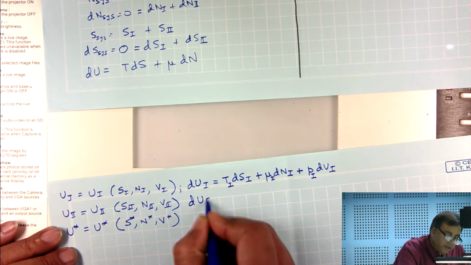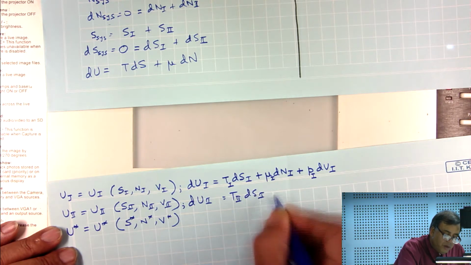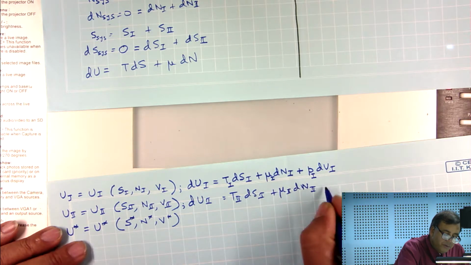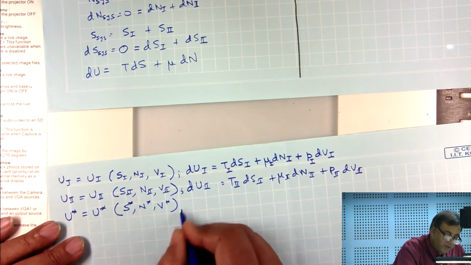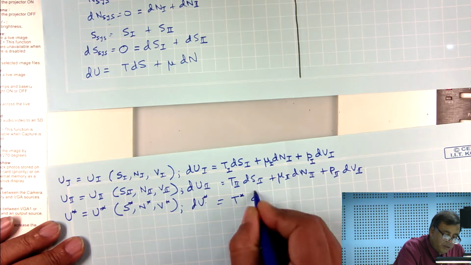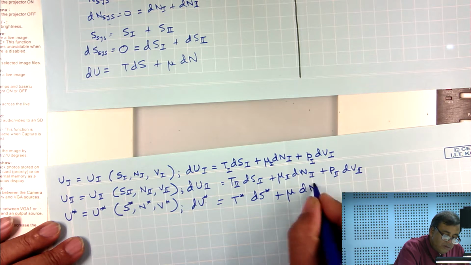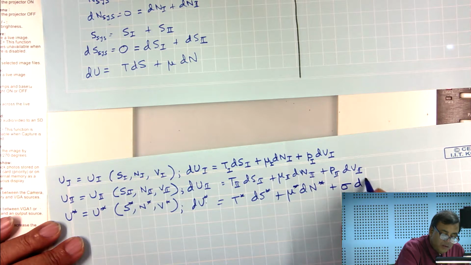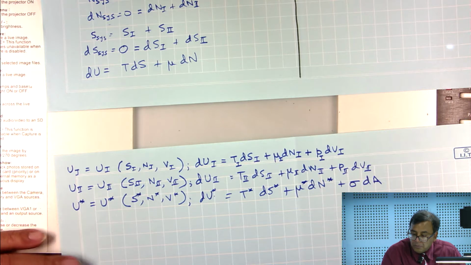Similarly, if I do a dU2, I will get a T2 dS2 plus mu 2 dN2 plus P2 dV2, and similarly if I do a dU star, I will get a T star dS star plus mu star dN star plus sigma times dA.